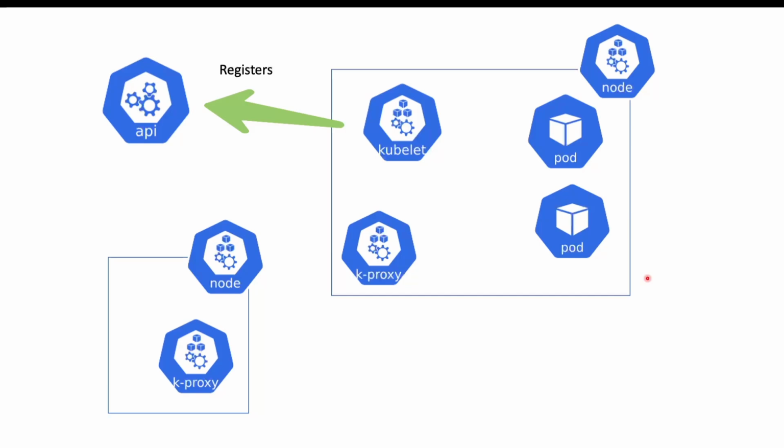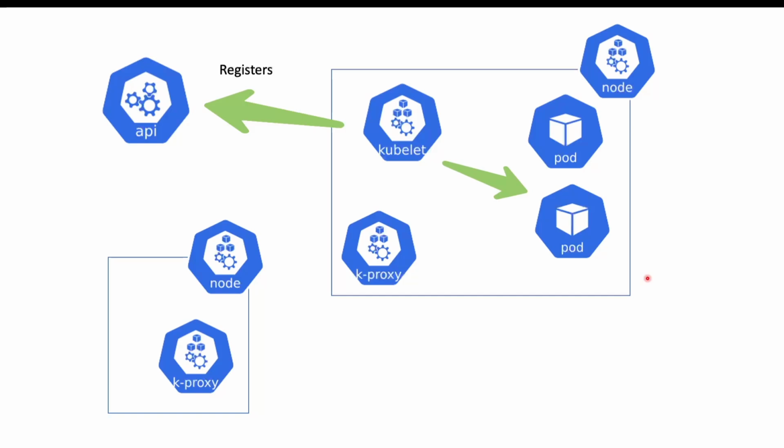Once the registration is done, the node becomes a part of the cluster. It ensures that the containers are running and healthy. If a pod is assigned to this specific node, it will ensure that the pod is kept running unless there is some underlying issue that's coming up.